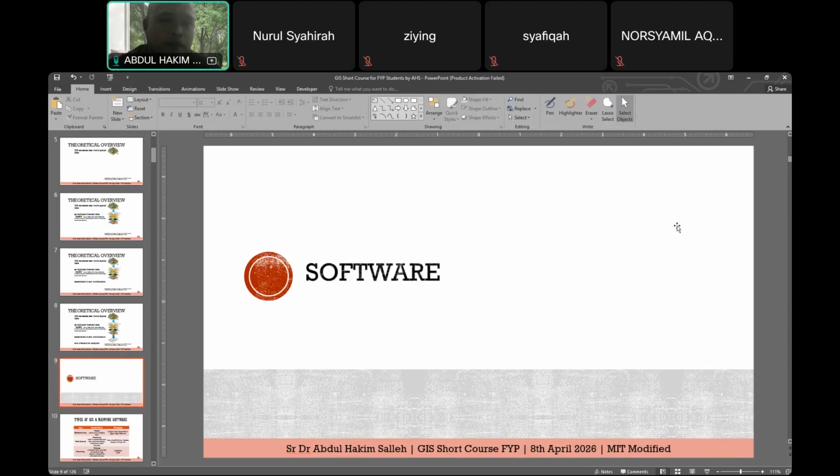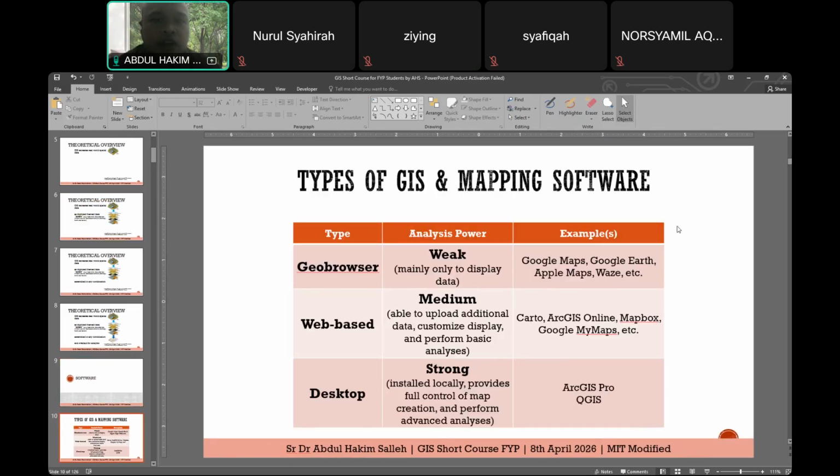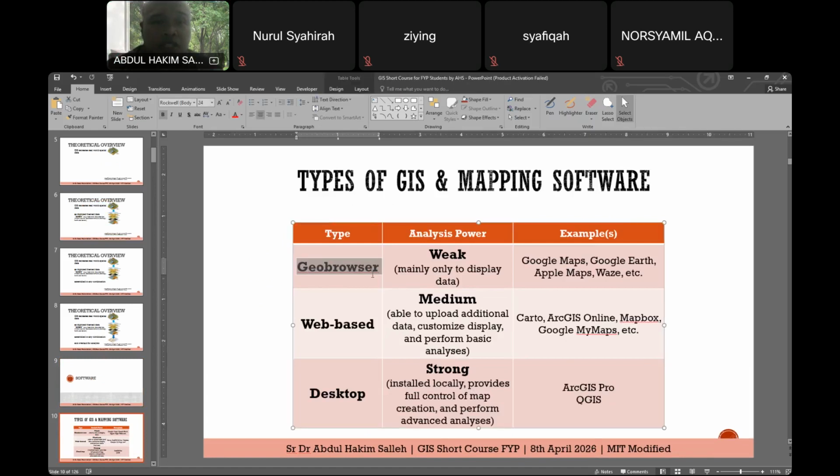So this is the theoretical overview of a GIS. Now the software. There are, of course, multiple types of software available. It can be using just the web browser, which we call a geo browser. There are also web-based tools that provide you some quick analysis, and another one known as the desktop. The desktop here is the one that we are going to learn.